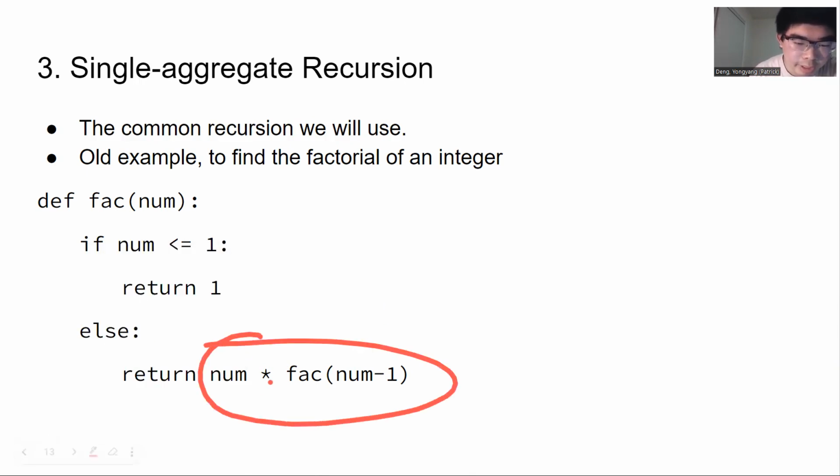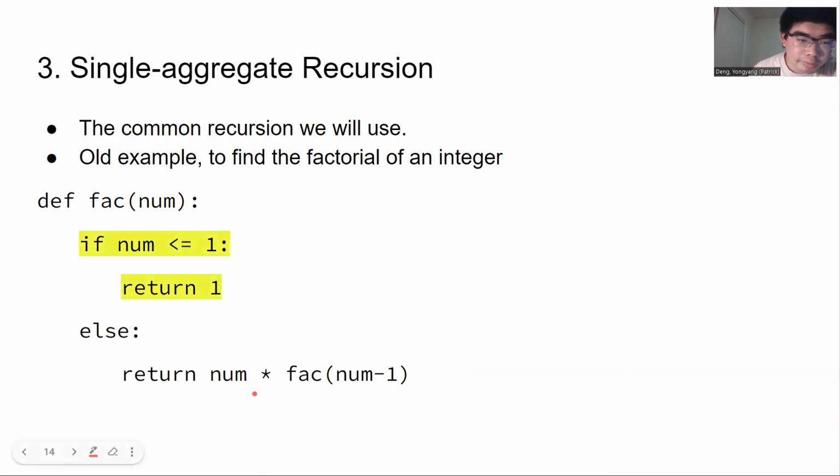This is how we do the aggregation. So this is the base case. Suppose factorial of 0 is 1, factorial of 1 is also 1. And this is a base case, because there's no number ahead of them that also applies to the recursion.